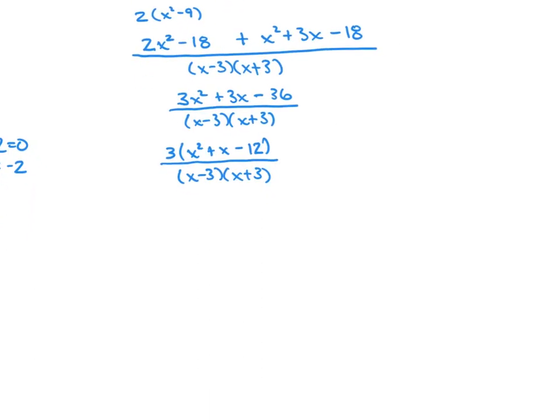I can also factor further in the numerator. If we factor further, we get 3 times x plus 4, x minus 3, all over x minus 3, x plus 3.